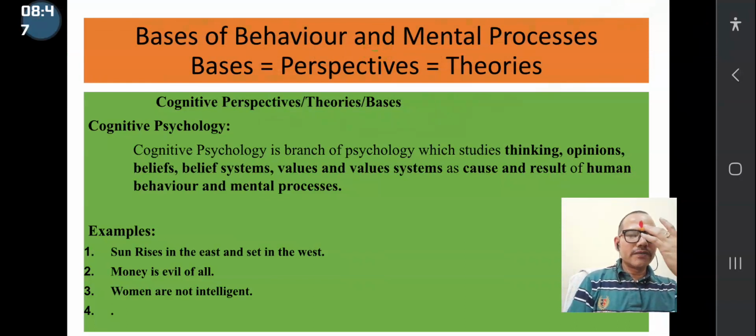This is a part of my behavior, not a part of the belief system of those who follow Christianity or Islam. So our behavior does change from value system to value system, from community to community, belief system to belief system, and this is all about cognitive psychology.